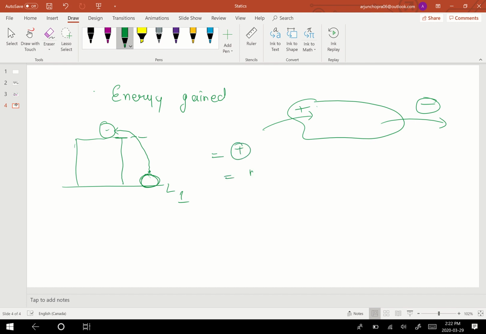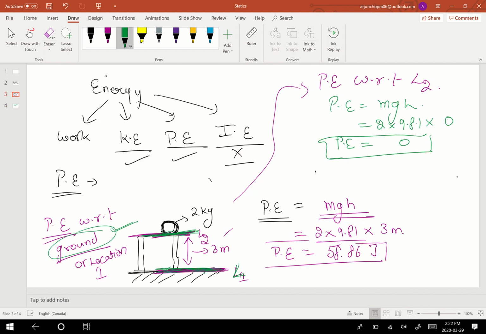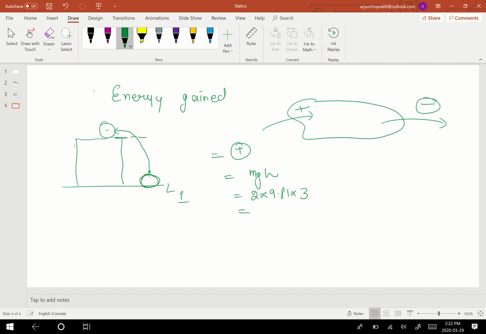So I will say mgh, which we figured out was 2 times 9.81 times 3, which came out to 58.86. Anything upward we consider as positive. So when we move upwards in height, it is positive, so I consider this value as positive.